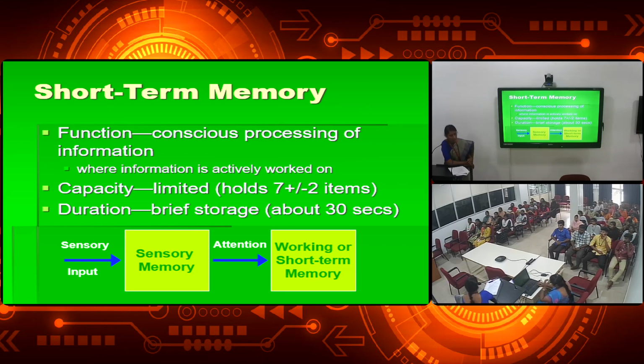The capacity is 7 items, plus or minus, 5 to 9 items maximum. The duration is a brief period of time, around 30 seconds. You can store the information till that period only.